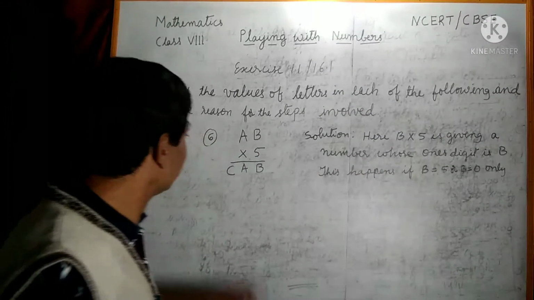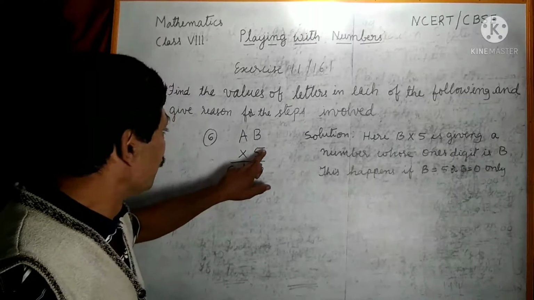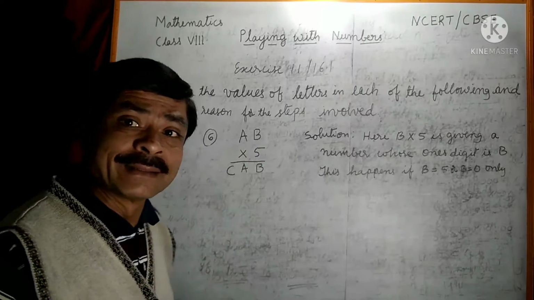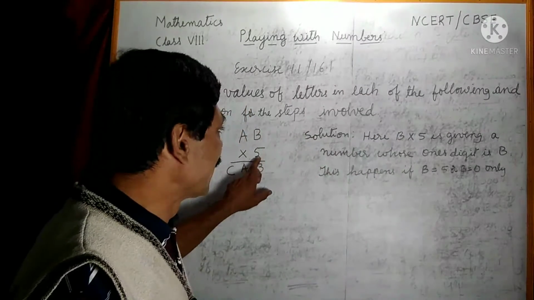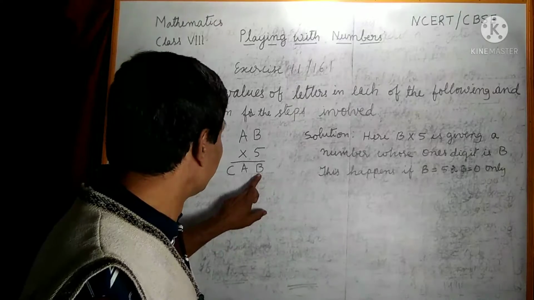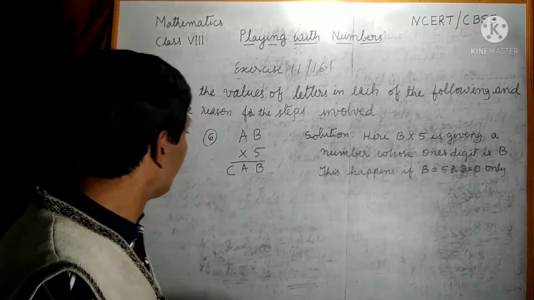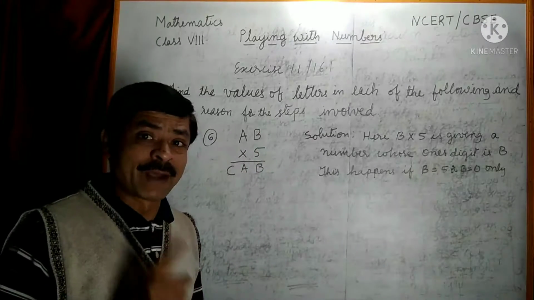Next puzzle. Here 3 letters given and only one digit is given and we have to find out A, B and C. Now here B into 5 giving number whose one digit is B, and this is possible only if B is equal to 0 or 5.